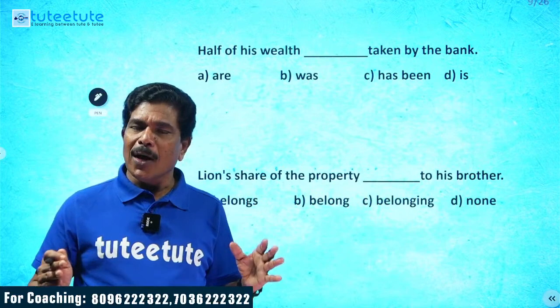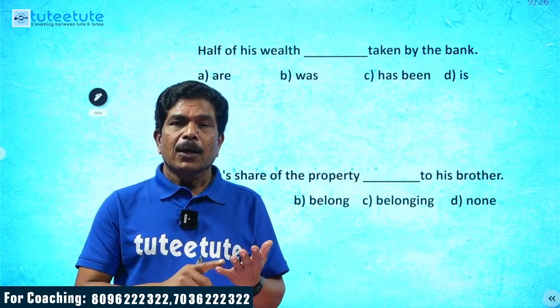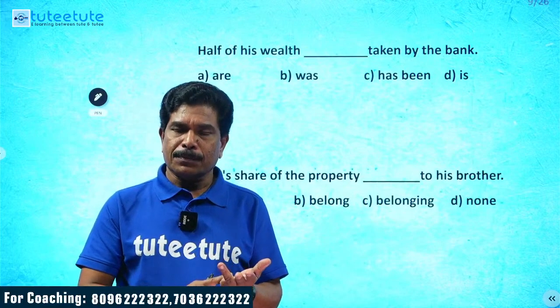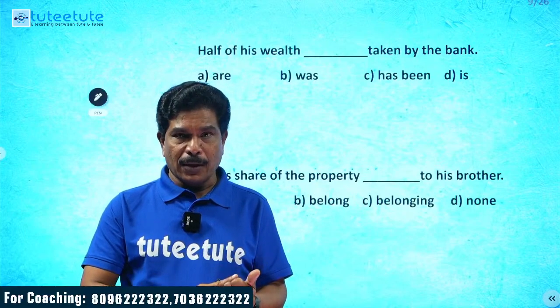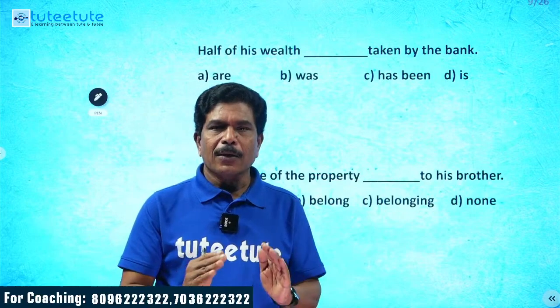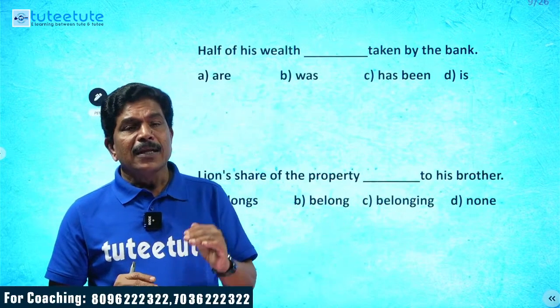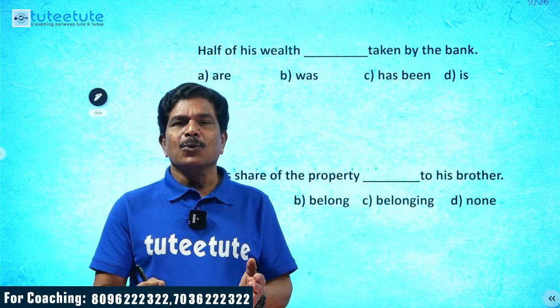We know all uncountable nouns are singular. For example, all liquids: water, oil, petrol, diesel, kerosene. So all liquids are singular. And there are again nouns of objects which are practically counted as singular.